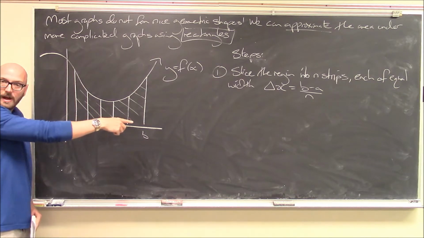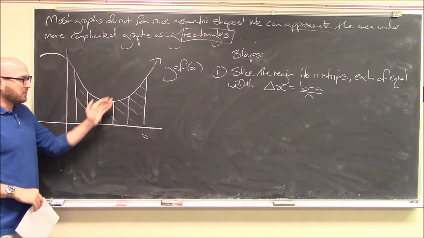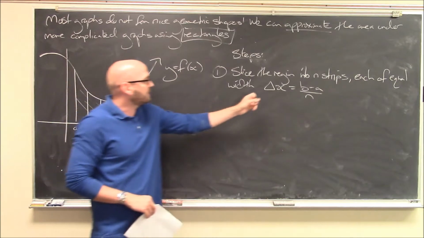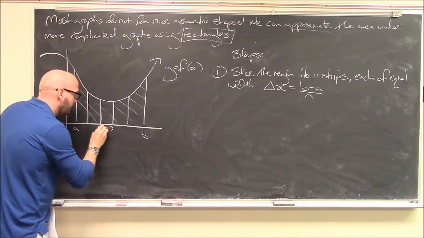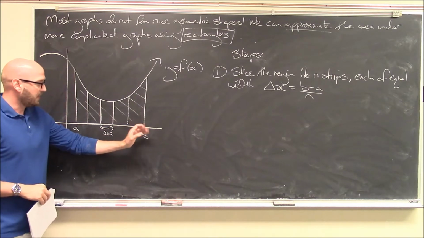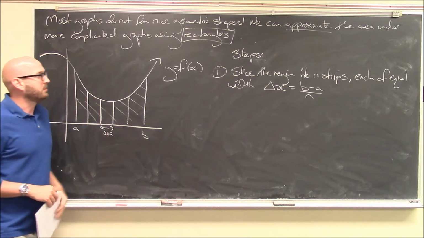In this case, I've drawn 5 strips, but in general, you choose an n, maybe you want to do 8 million strips, and you slice them all into equal width. And the width of each one of these intervals is the number delta x, which is just the total length of this interval, b minus a, divided by the number of strips.